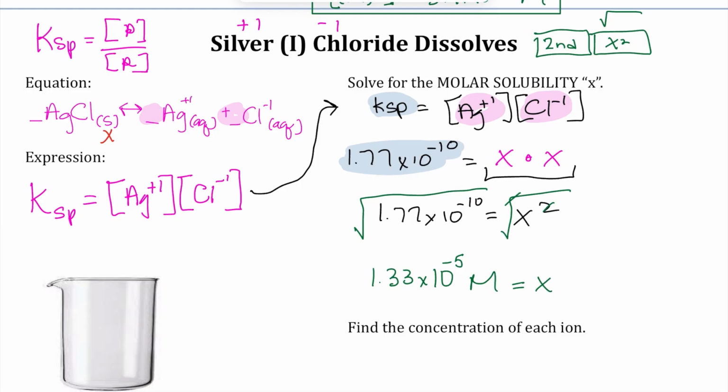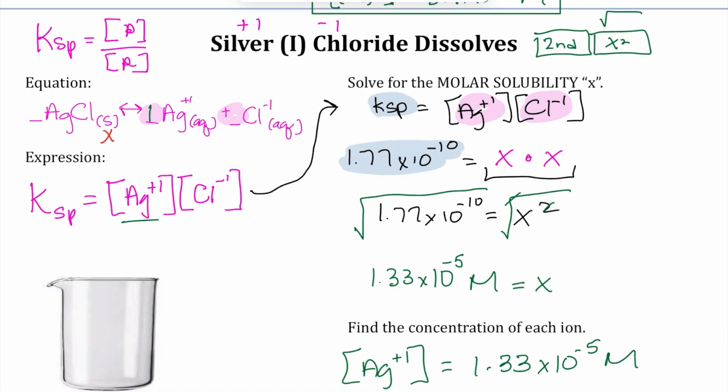So what is the concentration of each ion? Well, we have 2 ions. What's our concentration of silver ions? Again, we do those square brackets to say we're showing concentration. Well, we only have 1 silver ion, and so that's just going to be equal to x. It's just going to be 1.33 times 10 to the -5th molar.